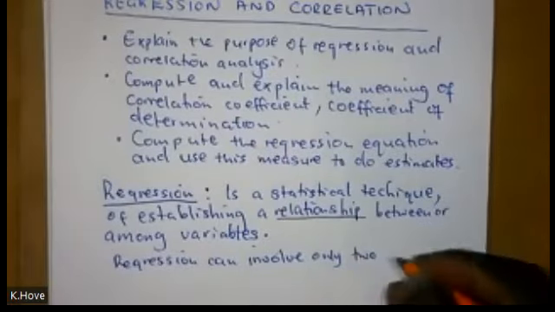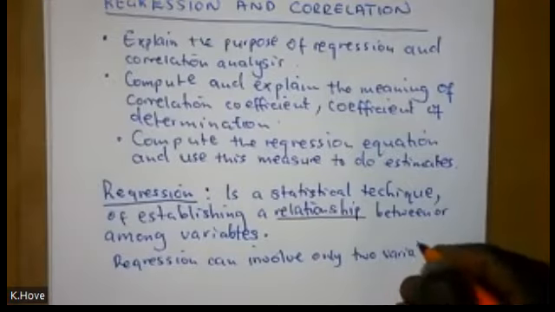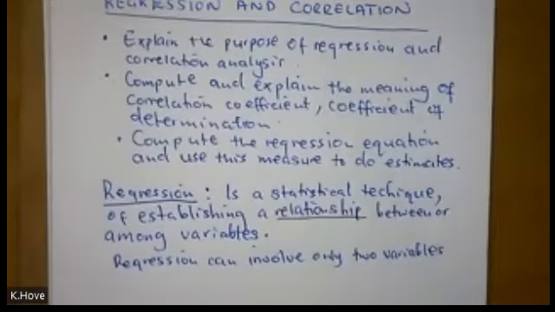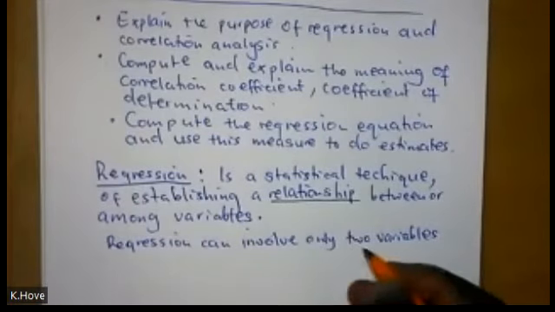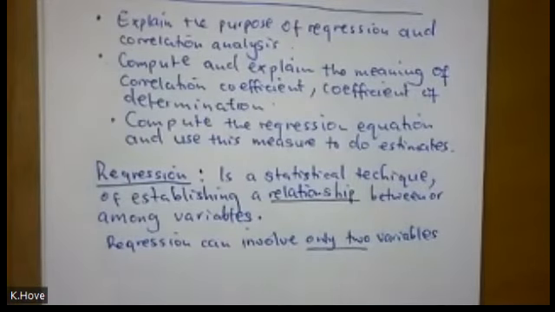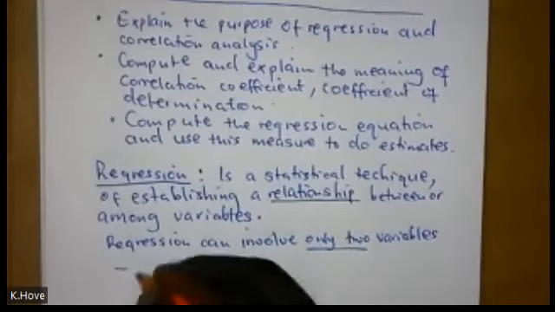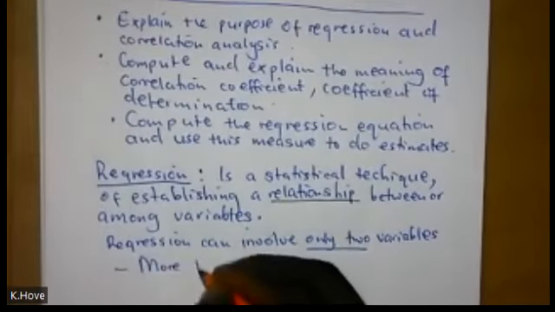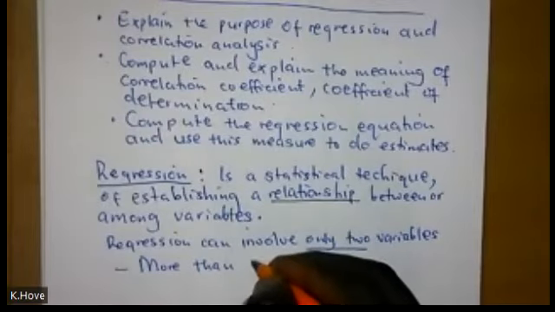Of course, we won't have one variable. So we can either have only two variables, or it can involve more than two variables.